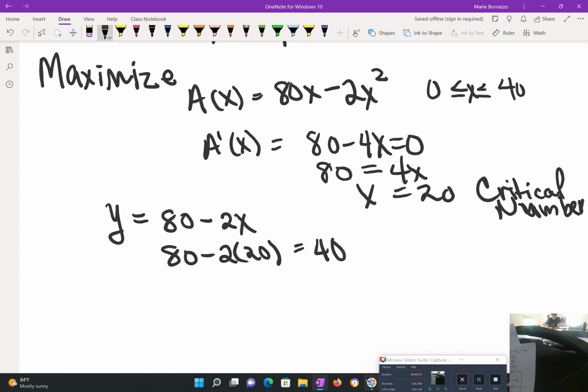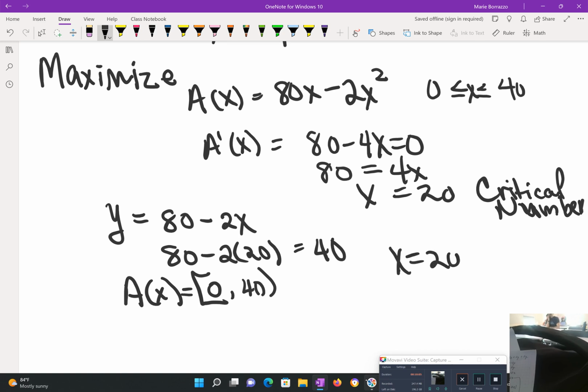So as we maximize this, we would say that area A of x is in the domain between 0 and 40. And from here, we're basically just stating our conclusion. So we know x is equal to 20. We know because of that y is equal to 40, giving us the dimensions.